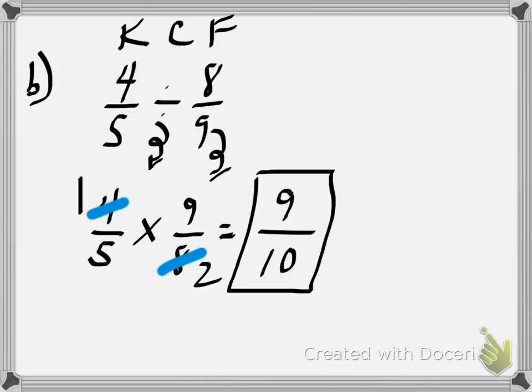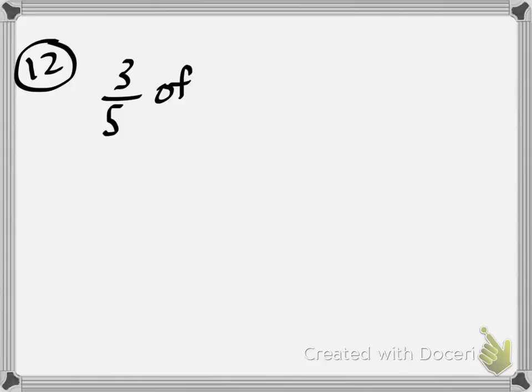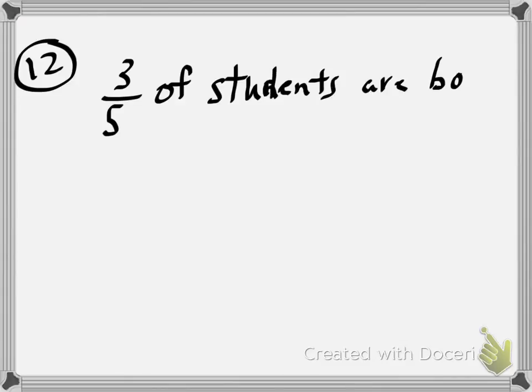Now, take a look at number 12. Number 12 says that we have 3/5 of the students in the class are boys. So we know we have 3/5 of the students and they are boys. Okay? And then it says there are 18 boys.